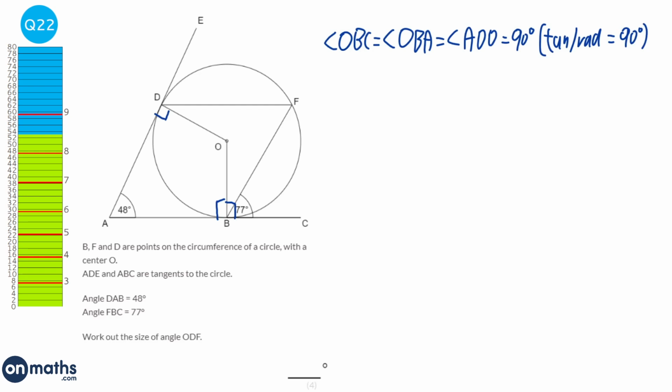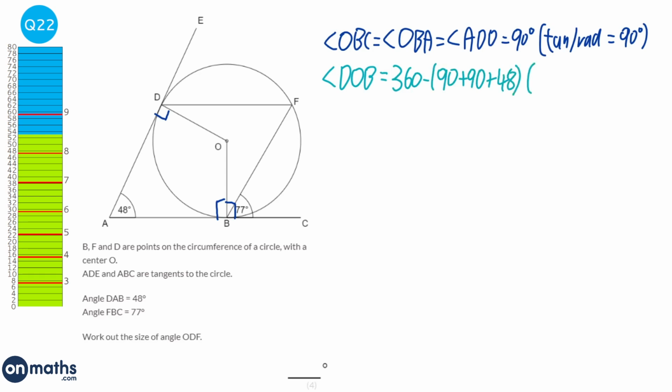Okay, so the first thing I'm realizing is that there's a nice little quadrilateral here. And whenever we've got a quadrilateral and we've got three of the sides, we can work out the last one. So angle DOB is going to be 360, take away the angles that we know, so 90 plus 90 plus 48.